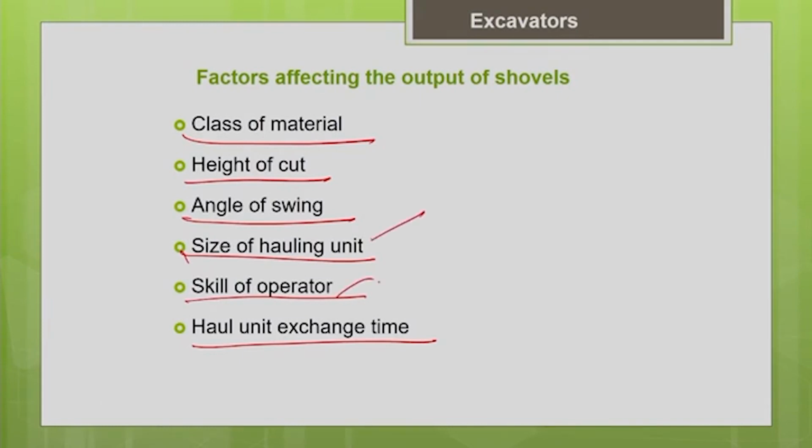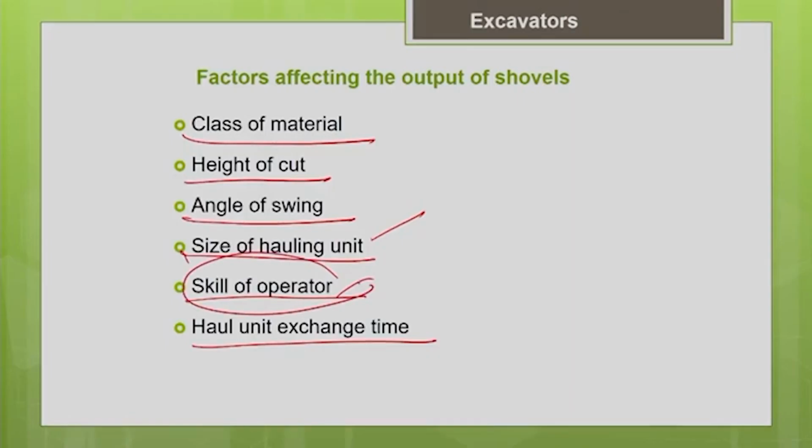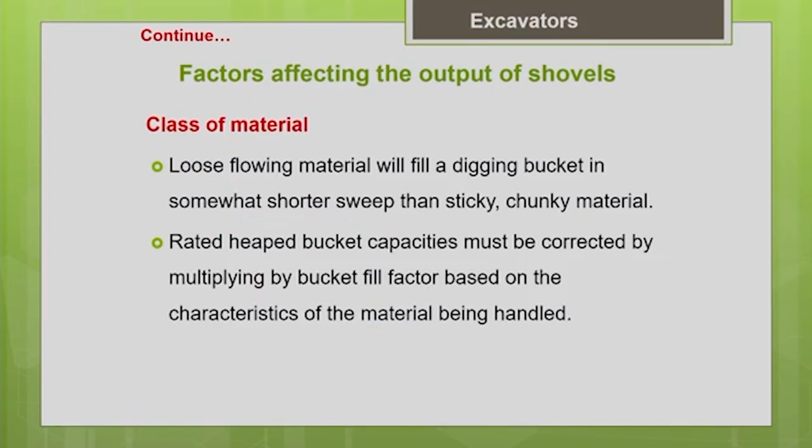The hauling unit and your shovel should be compatible with each other. So the truck capacity should be 5 times your bucket size. That is the right combination to have the maximum productivity. And the operator skill will also affect the cycle time and the productivity of the machine. Now let us discuss all these factors one by one in the coming slides.